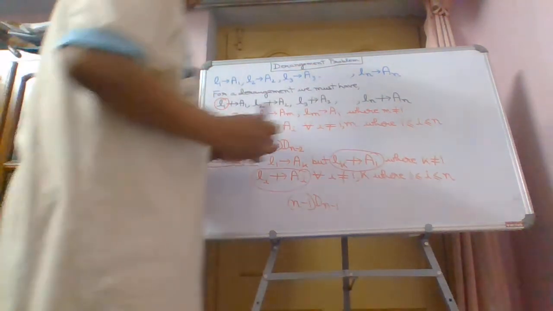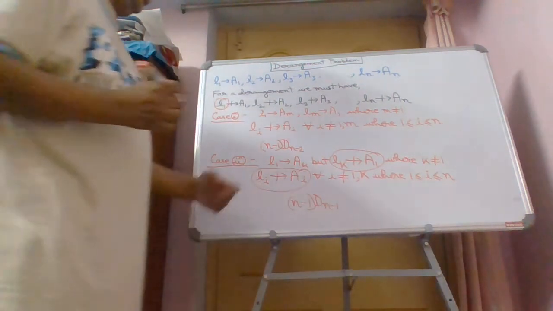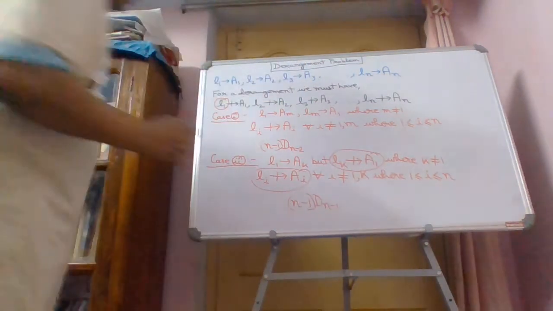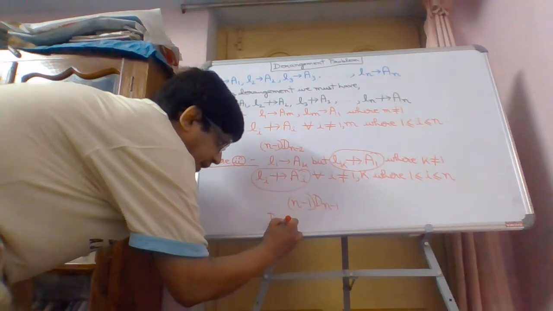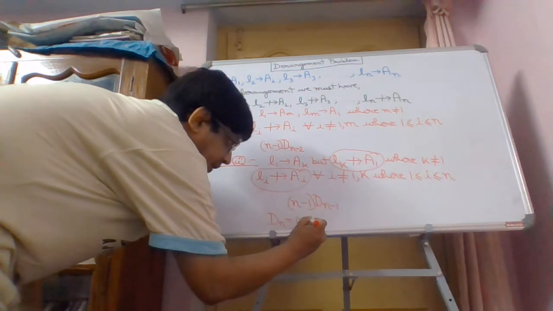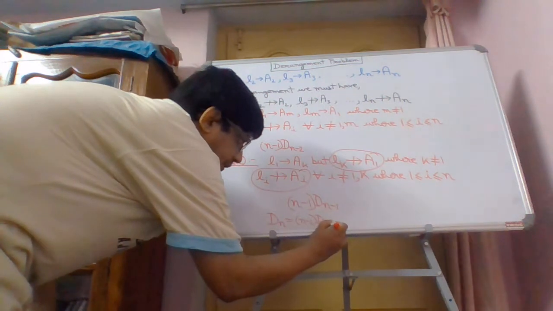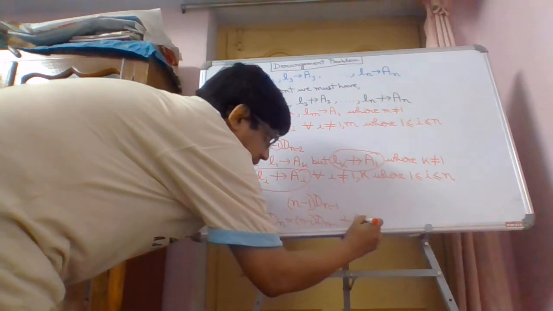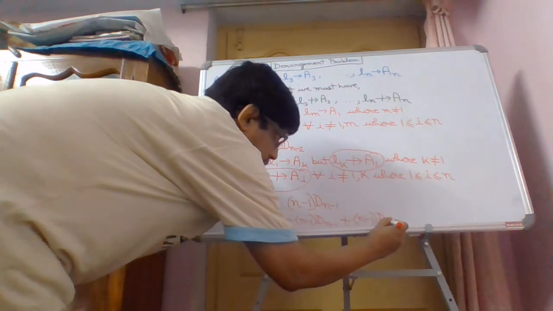Therefore, if we combine these two cases, we get the total number of possible derangements on the set of these n distinct letters, which must be equal to Dn, and thus we have Dn is equal to (n-1) times D(n-1) plus (n-1) times D(n-2).